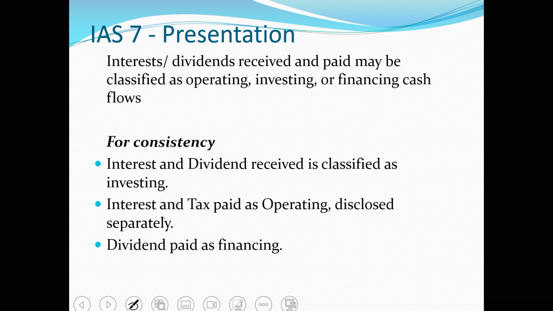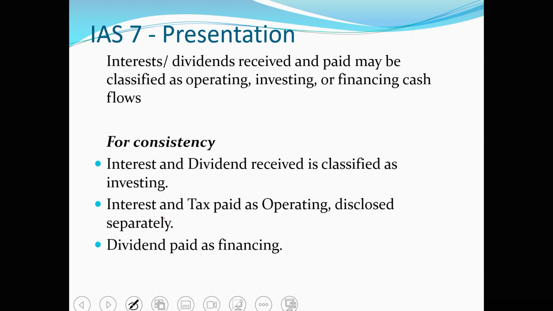Now, when it comes to presentation in IAS 7, we have said in clear terms that there are three headings under which to present: operating, investing, and financing. However, there are items that can fall under any of these headings. Interest or dividend received and paid may be classified as operating or investing or financing. So that is an inconsistency in the standard.